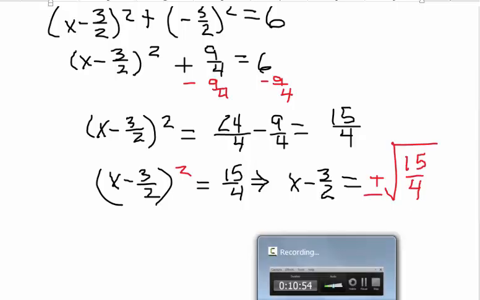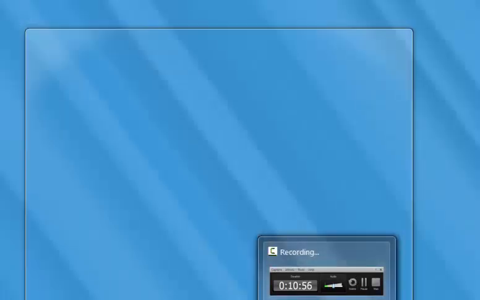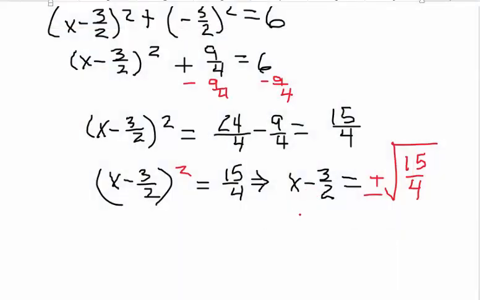So if I have an algebraic expression squared, and that equals a constant, then I can lose the exponent of 2 if I replace it, on the other side of the equation, with plus or minus the square root being applied to whatever's on that other side.